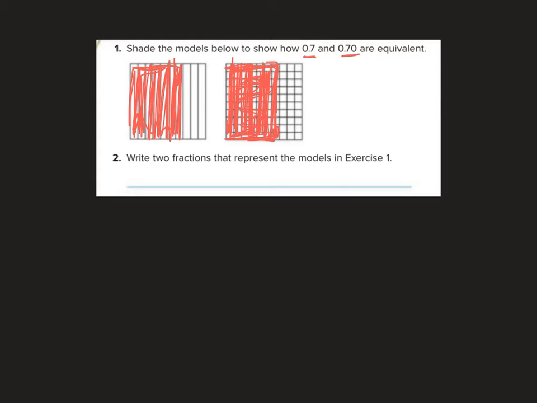So really, it's worth the exact same amount. I just have bigger pieces when I'm talking tenths, smaller pieces when I'm talking hundredths. Write two fractions that represent the models in exercise 1. So this fraction would be 7 tenths, and this fraction would be 70 hundredths. Notice, all I did was find equivalent fractions to go between the two. It's a really neat connection there.